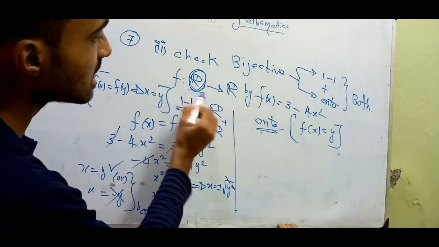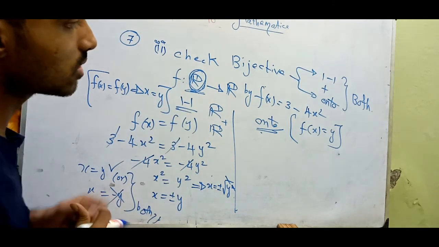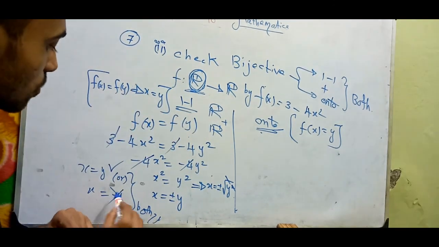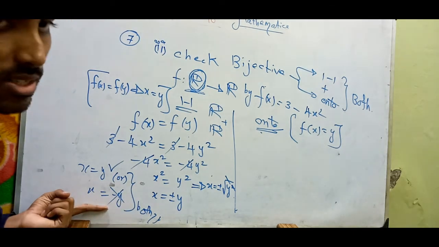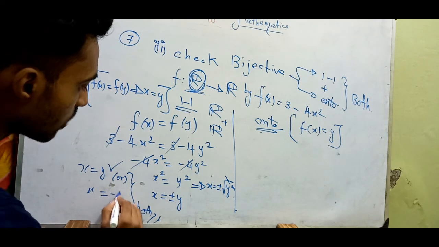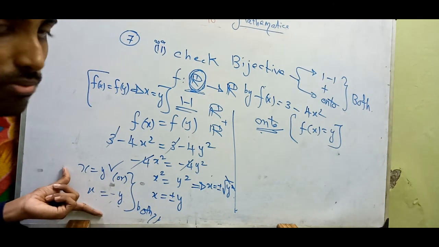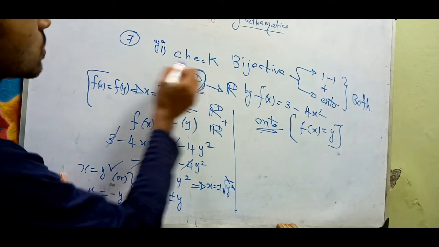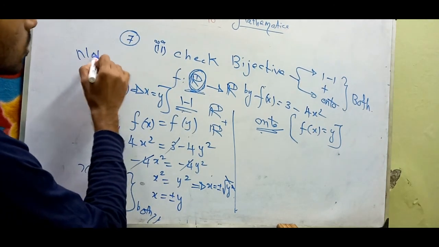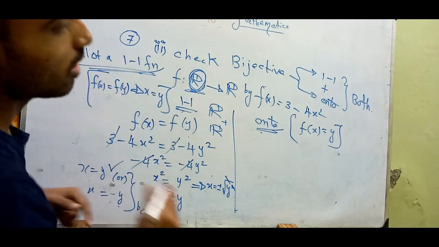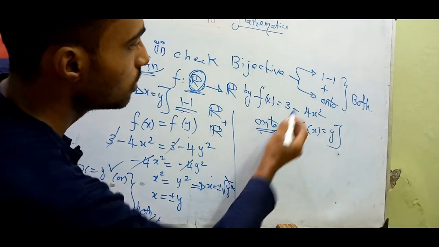But since it has given real numbers in the domain, we have negative numbers too. So we cannot exclude x equal to minus y. We have to include x equal to minus y too. In this case, we cannot say it is a 1-1 function. So this is not a 1-1 function.